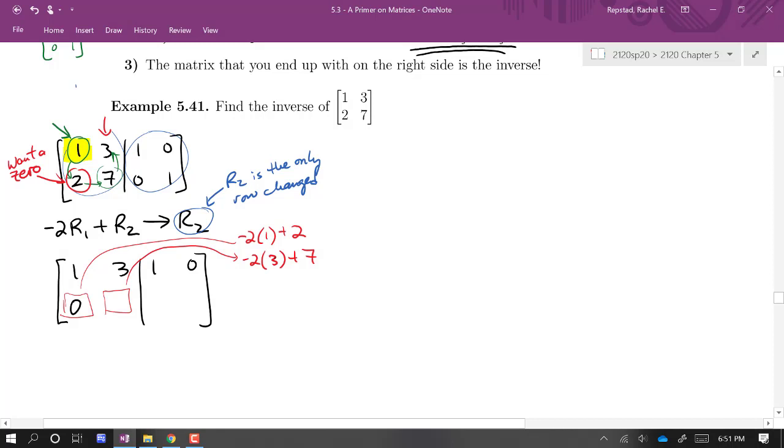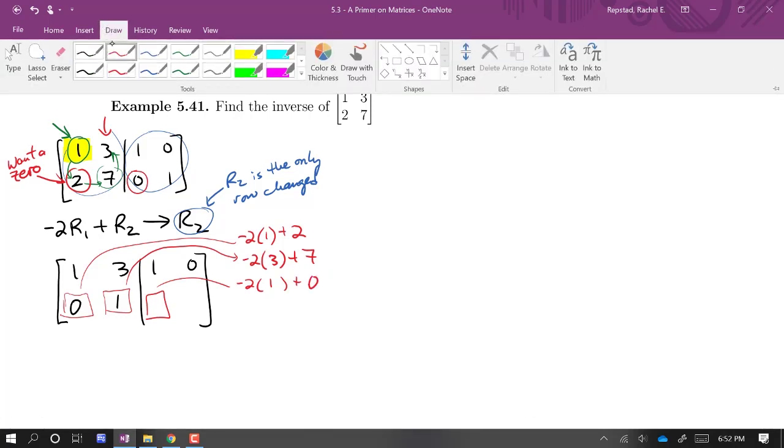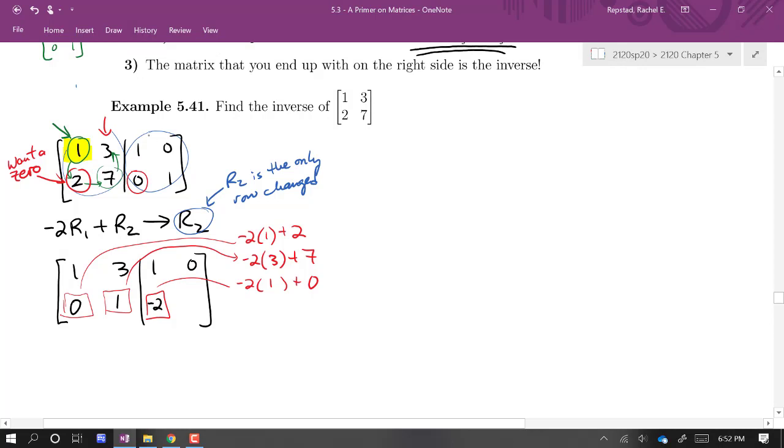So -6 plus 7 is 1. Then in our next entry, -2 times whatever is above it, which is 1, plus whatever was in that row to begin with, which is 0. So that gives us a -2. And then last, we have -2 times whatever's above it, 0, plus whatever was in this row, which is 1, and that'll just give us 1.